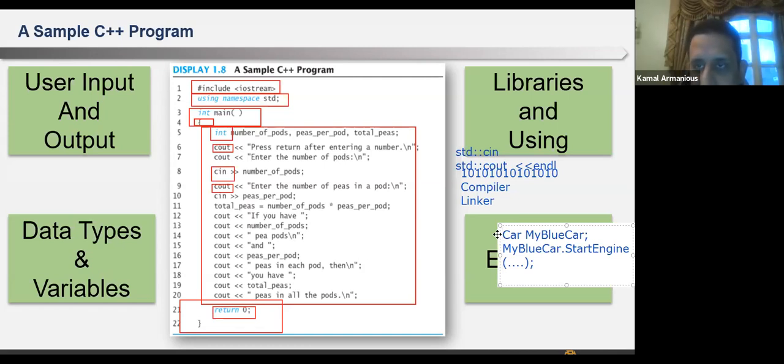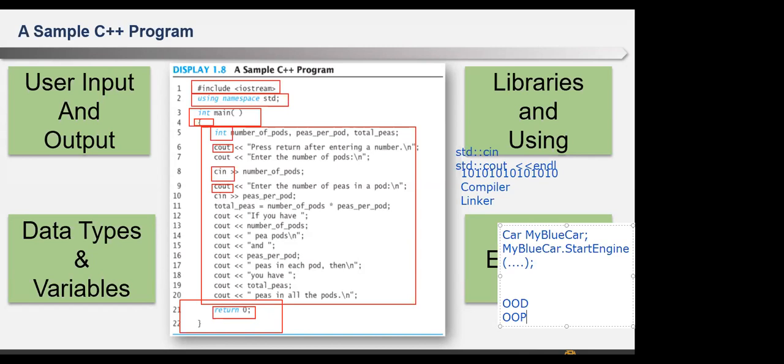Okay? So we defined two terms. We defined OOD, and then we defined OOP. So, Yassine, what's OOD and what's OOP? Just describe them in simple words. So OOD is object-oriented design, and it's an approach to software design, a process where you define objects and then you have interactions between these objects.